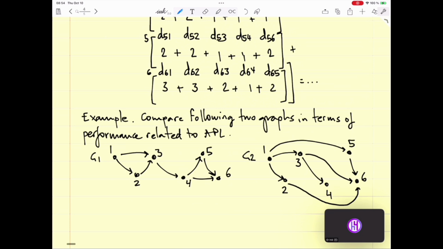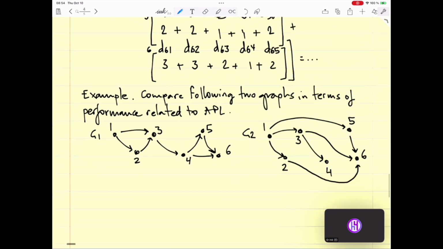Okay, so you can calculate APL1, APL2, and tell me which graph would be more effective in terms of APL.